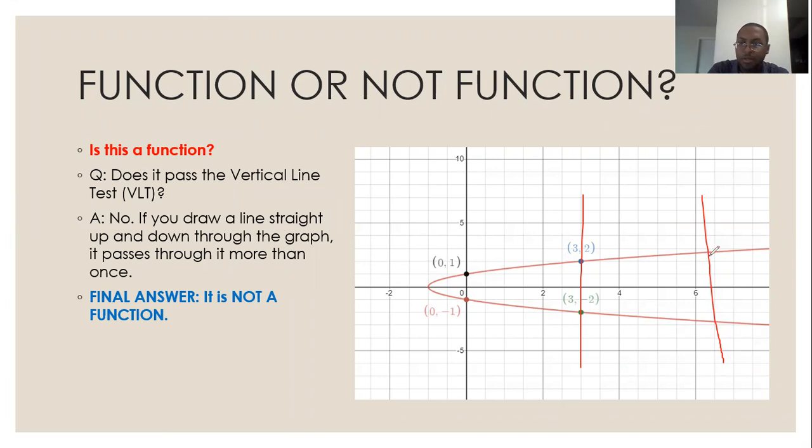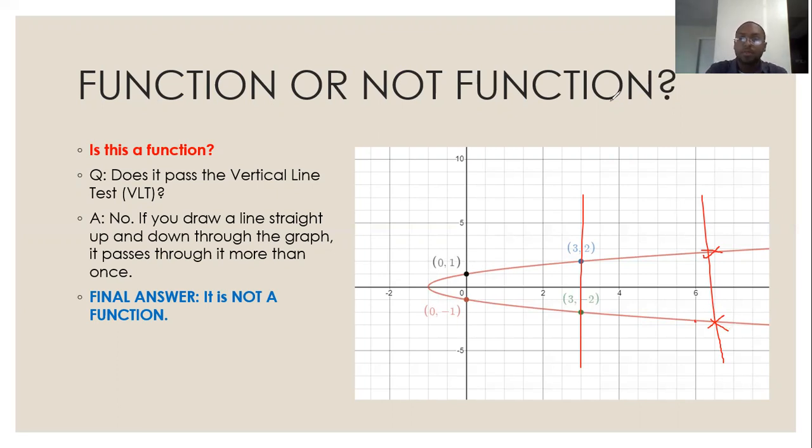It hits here and there. It is not a function. It's very important that you don't get those two confused. I noticed that some people got those two things backwards. If it goes through it more than once, it is not a function.